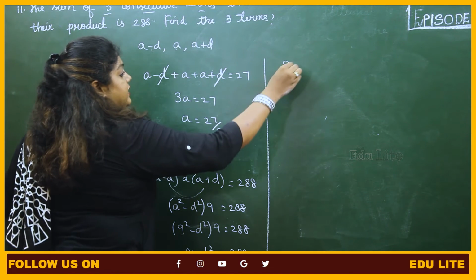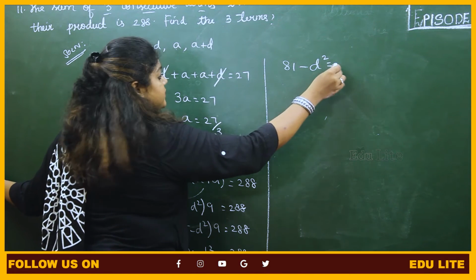Therefore, 81 minus d squared equals 32.